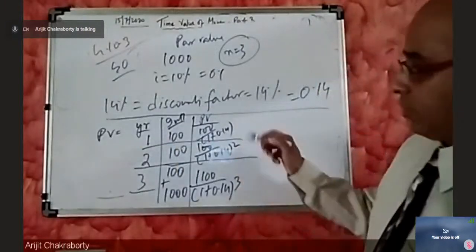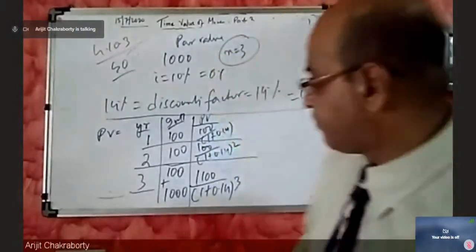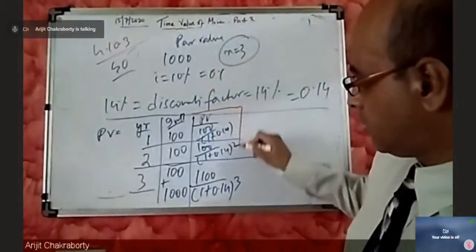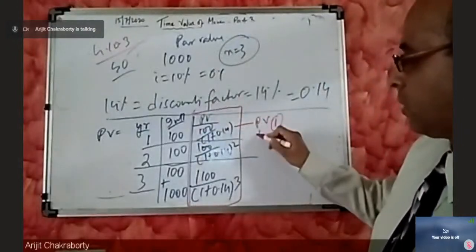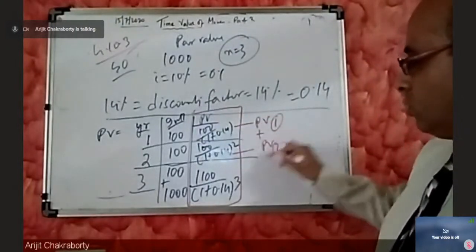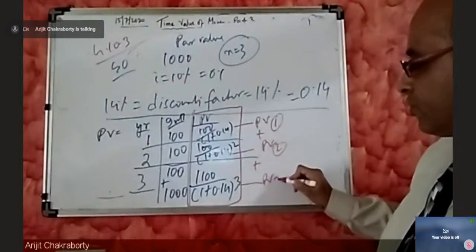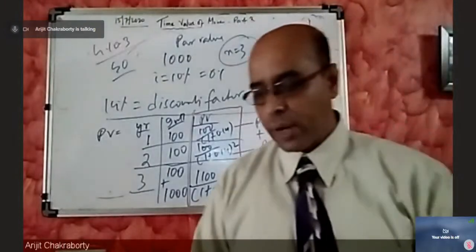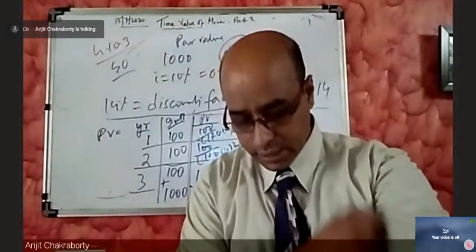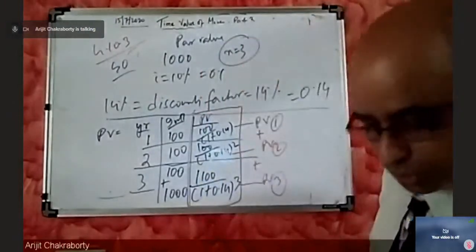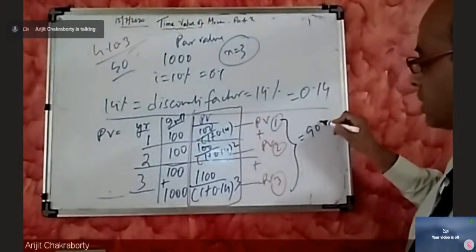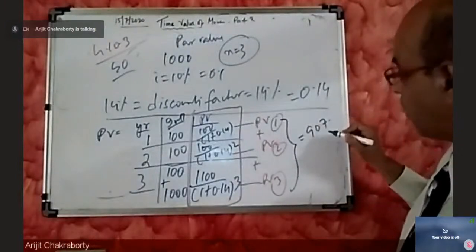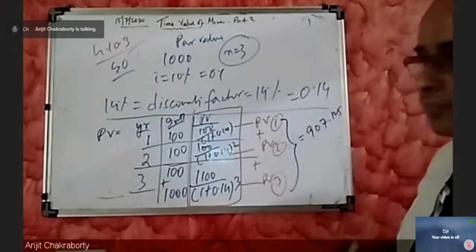So if you add this column, PV1 plus PV2 plus PV3, if you add these three, it is coming to 907.125.